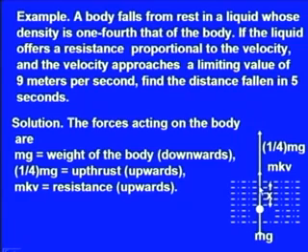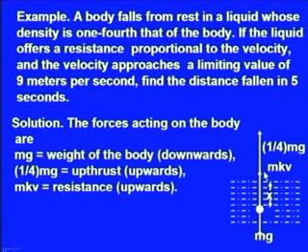After it has fallen in the liquid, mg is the weight of the body acting downwards. The density of the liquid is 1/4 of the density of the body, so we get 1/4 mg acting upwards, which is the upthrust.